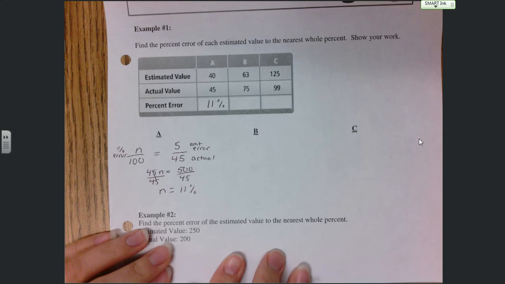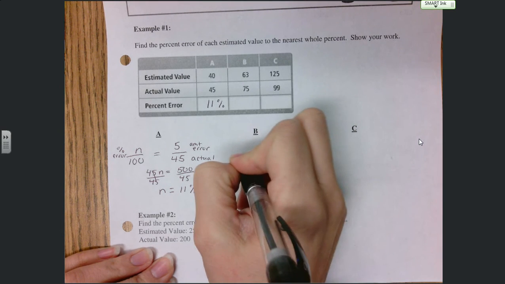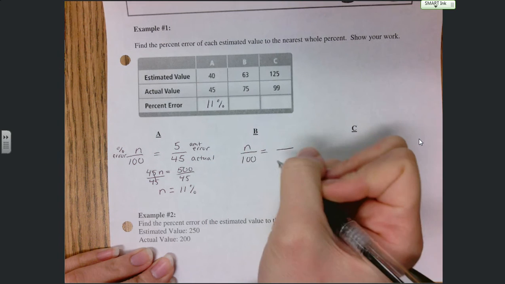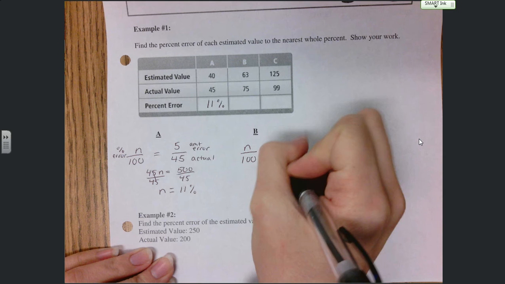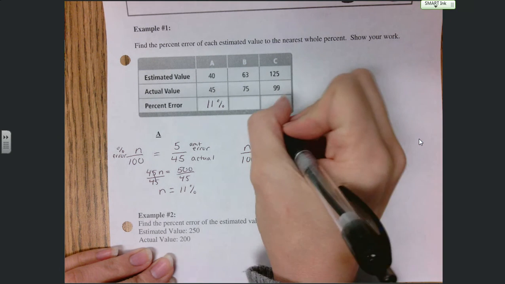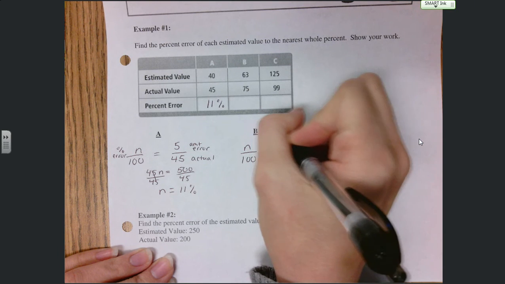Okay, I'll move that up a little bit so it's easier to see. Same thing here. I'm going to do the percent error divided by 100. My actual value goes on the bottom. Again, the amount of error is the difference between 63 and 75, or 75 and 63.